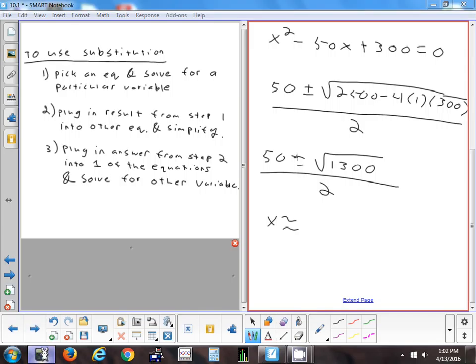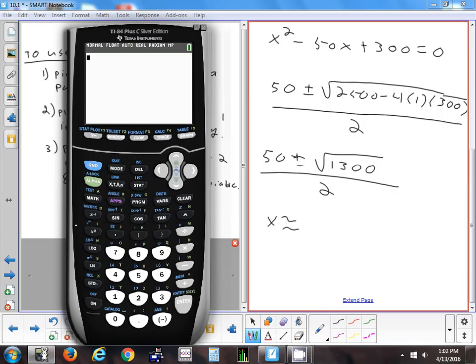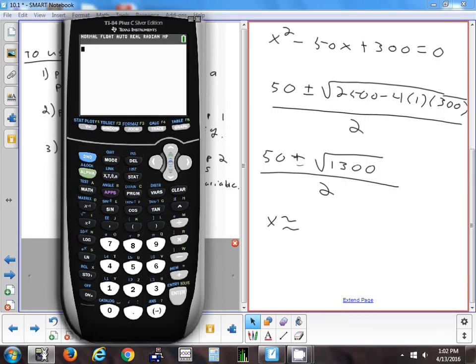So x could be 50 plus the square root of 1300, divided by 2. So 43.03.